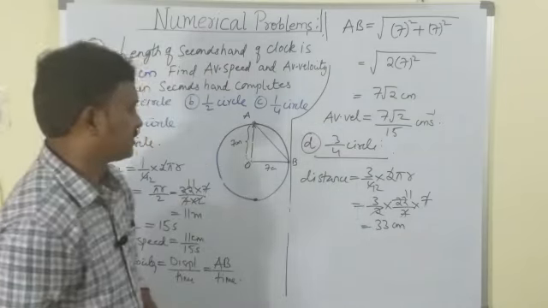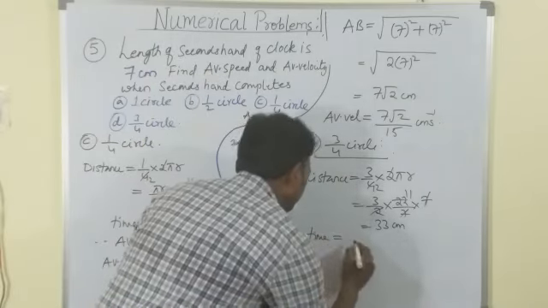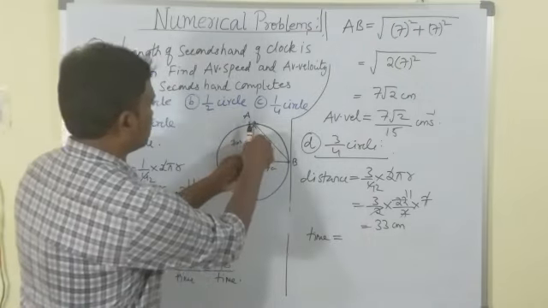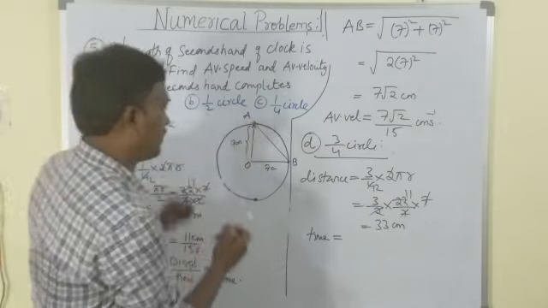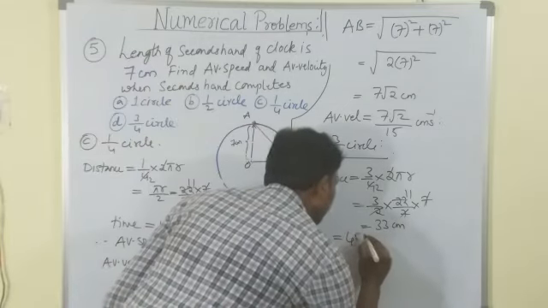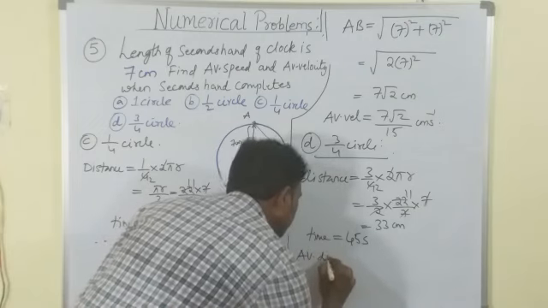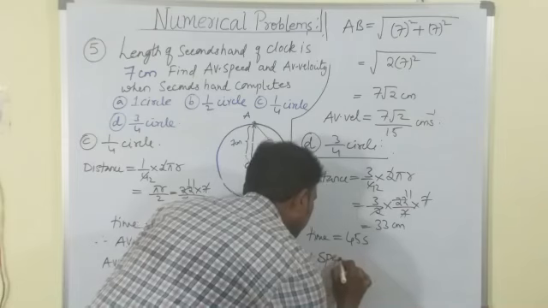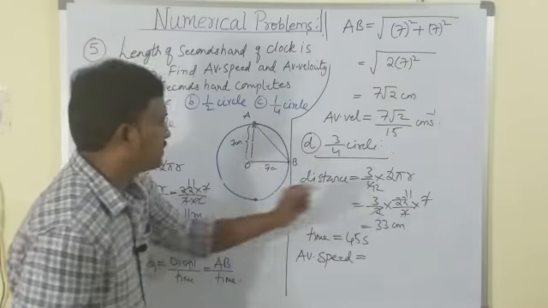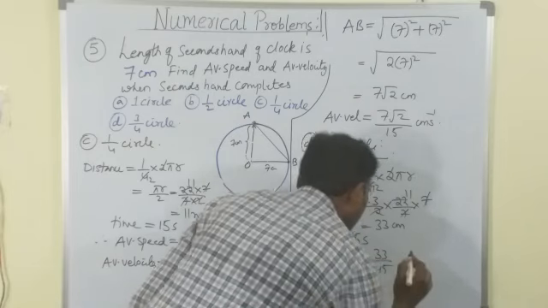That is the distance. And what is the time? That is, to reach here, from here to here it's 15, 30 and here 45. 45 seconds. Therefore, average speed is distance, that is 33 by 45.